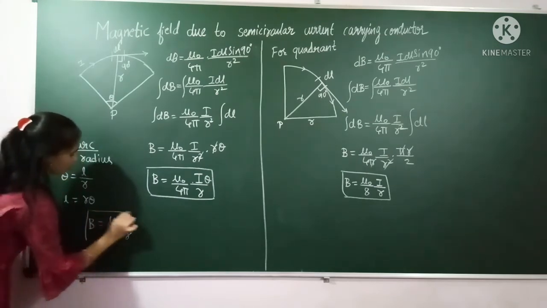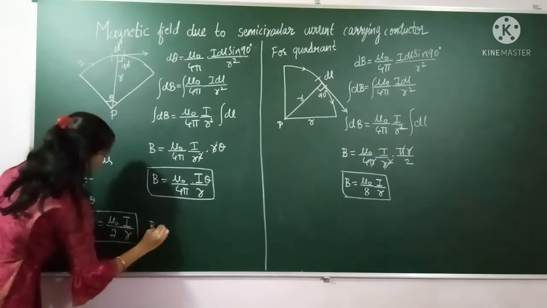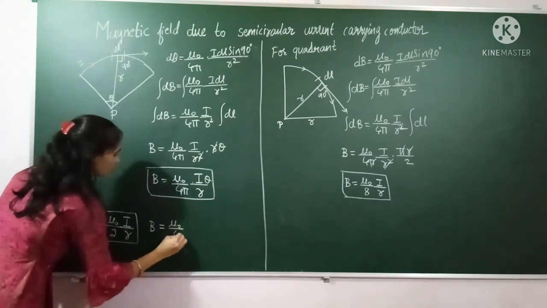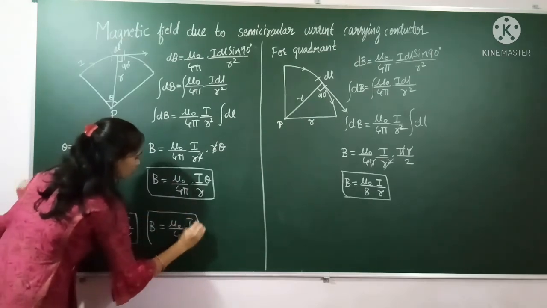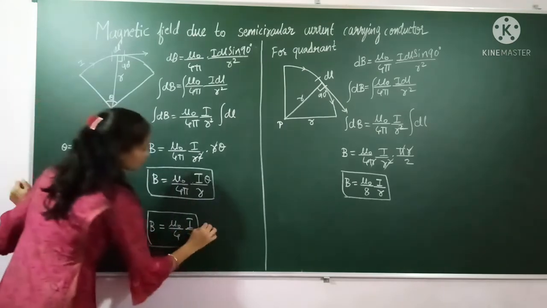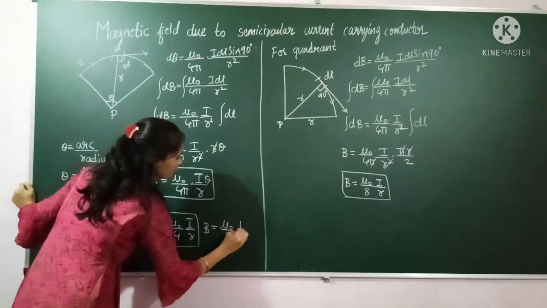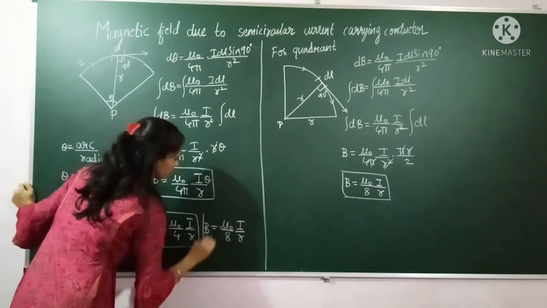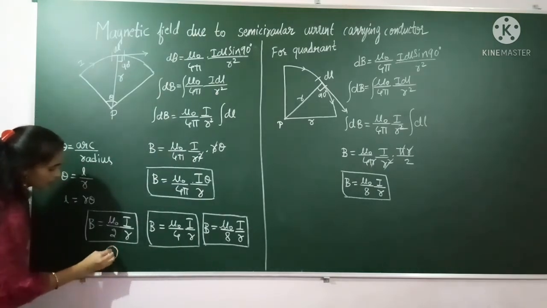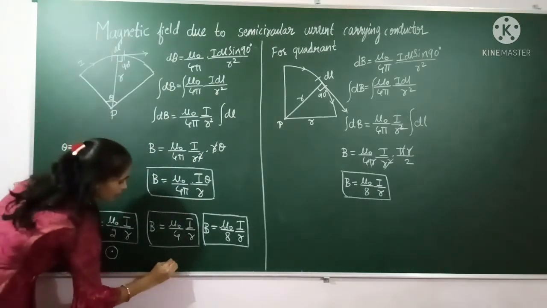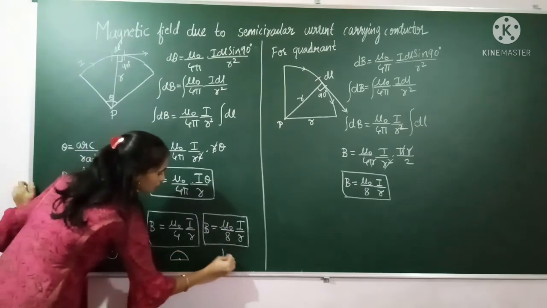Next, for a semicircle, it is mu naught divided by 4, I divided by R. And for a quadrant, B is equal to mu naught divided by 8, I divided by R. So this is for the complete circle at the center, this is for the semicircle, and this is for the quadrant.